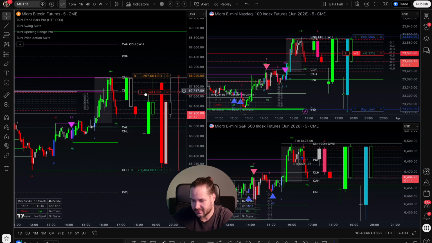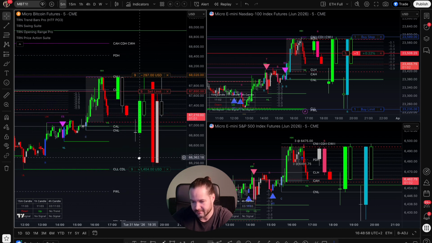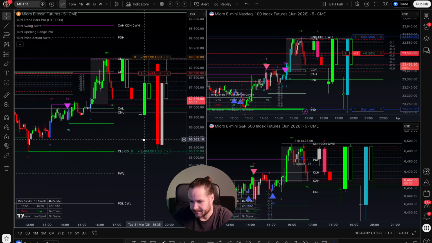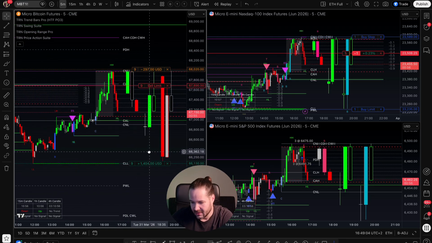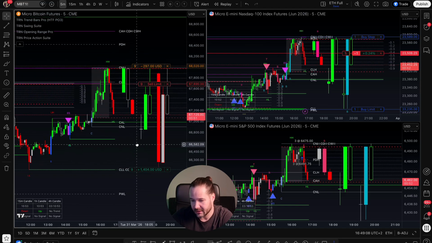So I will delete it very soon. This is really the last interesting candle for me. If we close below this previous one, then we are already too close to the opening range low, and then it becomes a gamble here.